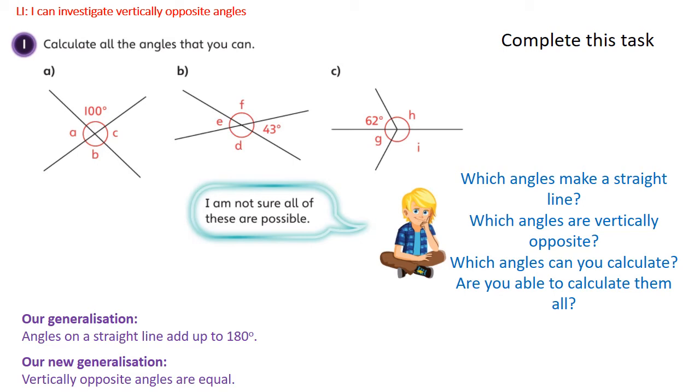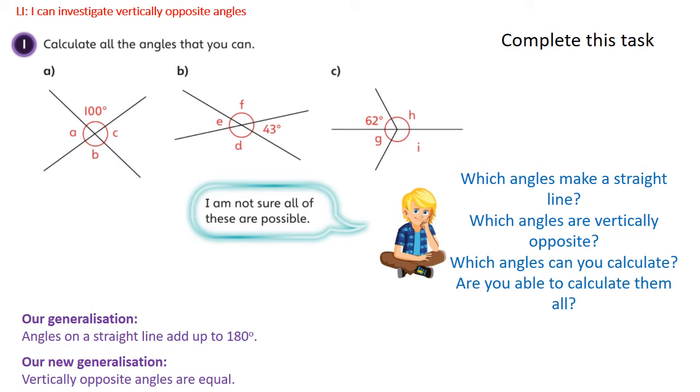So with B, look at your angles on a straight line for F and for 43. F plus 43 degrees equals 180 degrees. That will help you calculate F. We can do D as well. D plus 43 degrees equals 180 degrees.